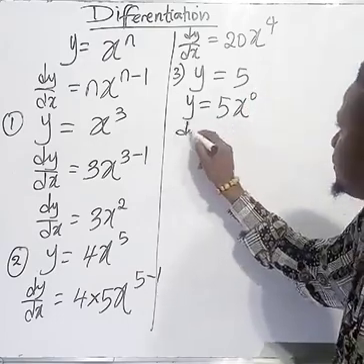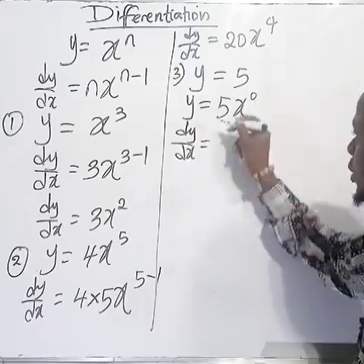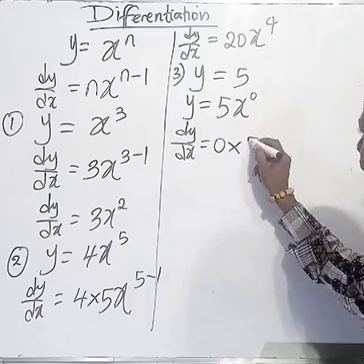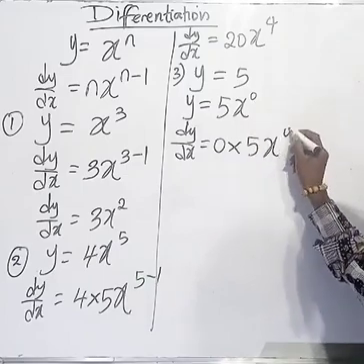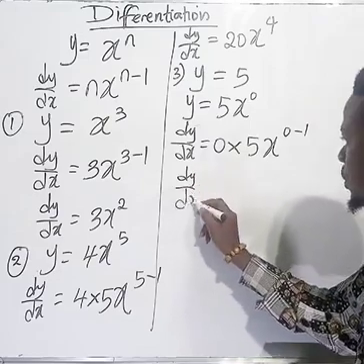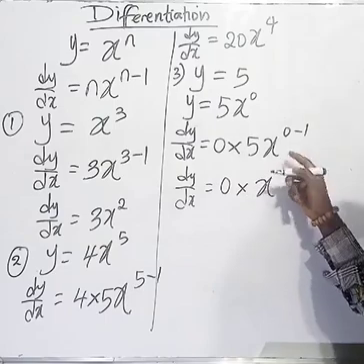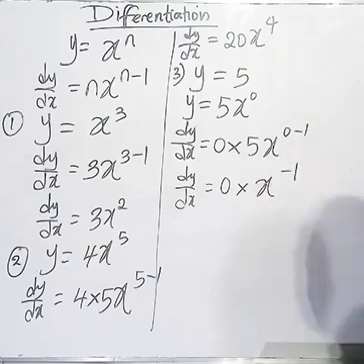Hence, from here, dy over dx will be, the power is 0. It comes to the back. It will multiply the 5. x to the power of 0 minus 1. Of course, 0 times 5 is 0, times x to the power of 0 minus 1, which is minus 1.